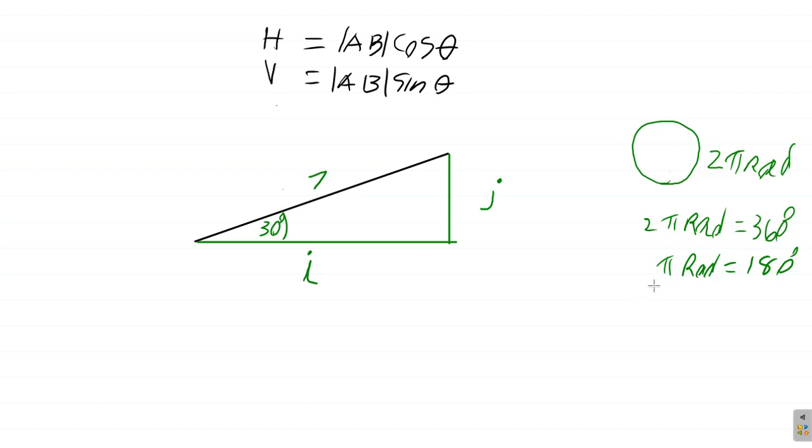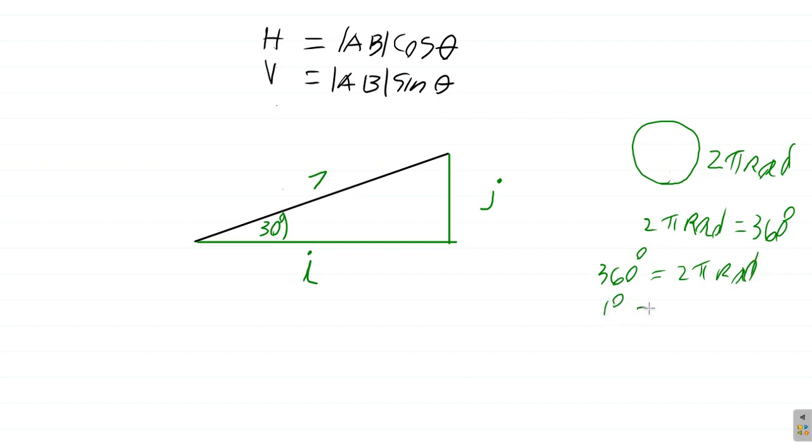So 180 degrees equals pi radians. Or I could just stick to 360 degrees equals 2 pi radians, if you want to, no problem.